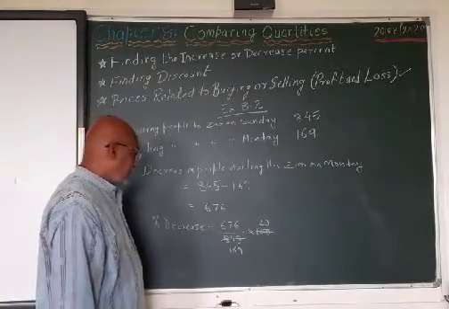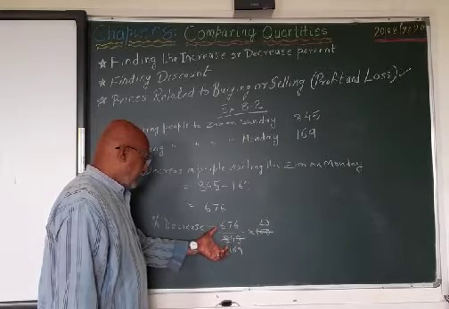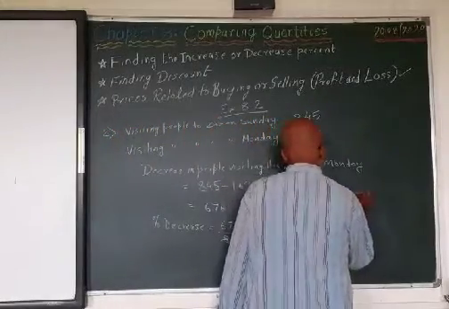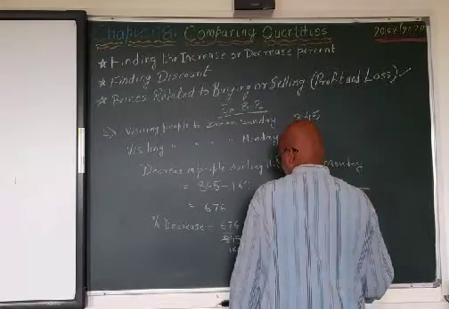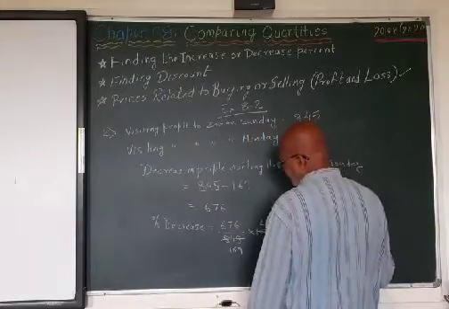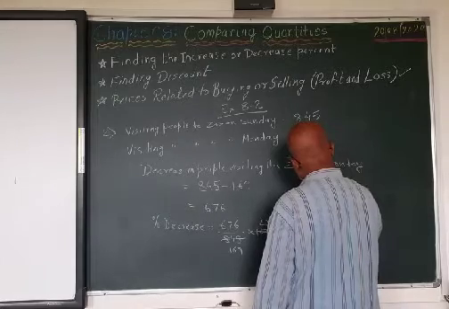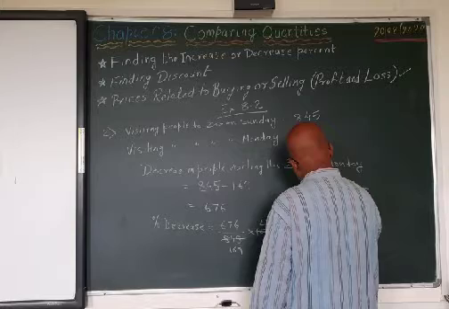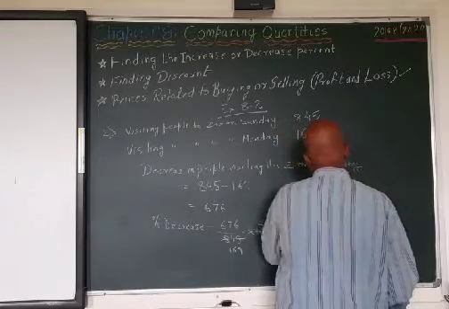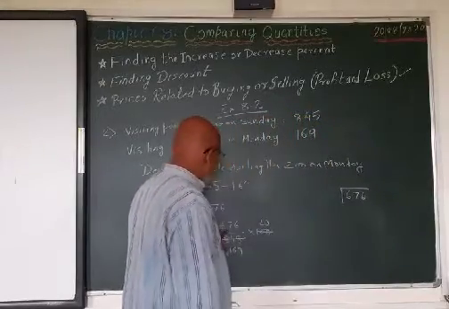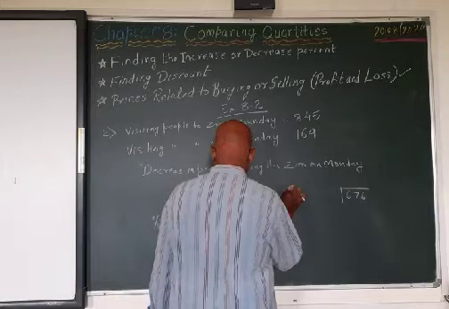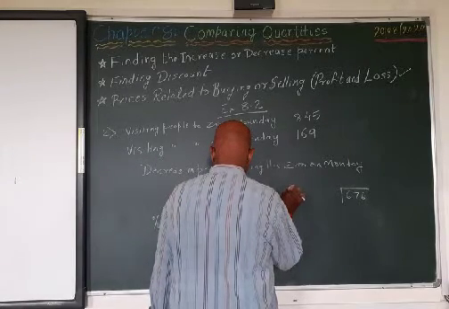Now, can you divide 676 by 169? 169 is 13 squared. So can 676 be divisible by 13? 13 5s are 65, 13 2s are 26, right.